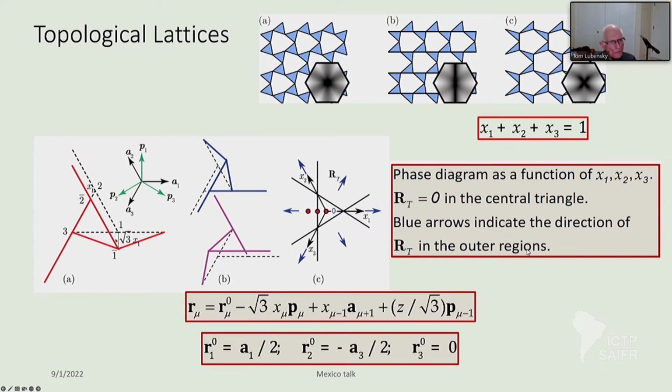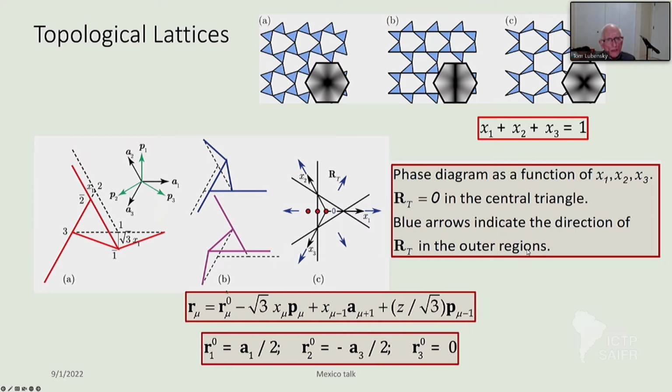So we set R mu, where mu labels the sites 1, 2, and 3. And we let P be the directions of the reciprocal lattice. So the lattice itself, we're thinking of A1 as being along the horizontal axis, and the triangles that go with the hexagonal lattice are the A2 and the A1. The reciprocal lattice vectors point, starting with a vector pointing upward, and the other two completing the triangular arrangement down here.